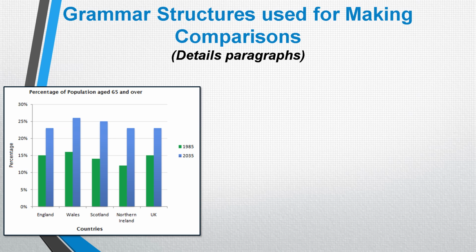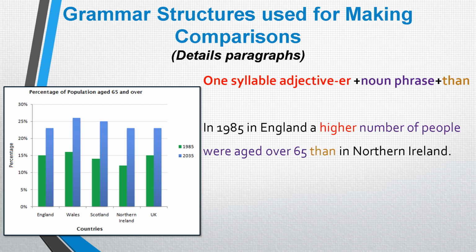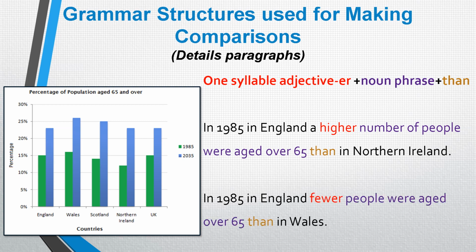Another simple way to make comparisons would be by using this structure, which is to use a 1-syllable adjective with er on the end, plus a noun phrase, plus than, and then the thing you're comparing it to. So, in 1985 in England, a higher number of people were aged over 65 than in Northern Ireland. Or, in 1985 in England, fewer people were aged over 65 than in Wales.